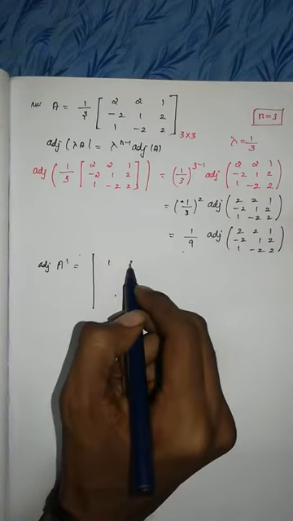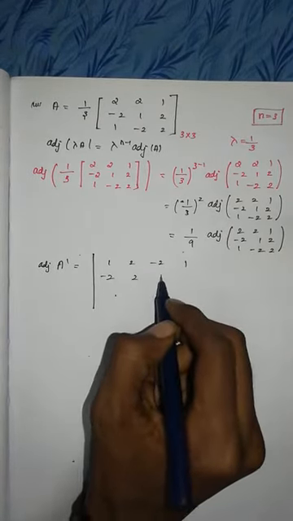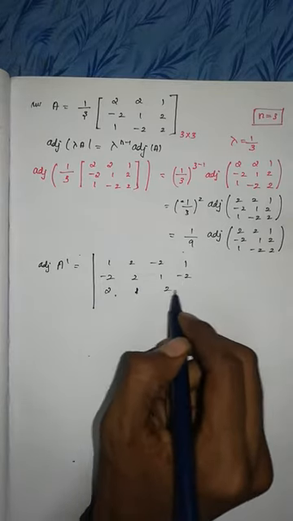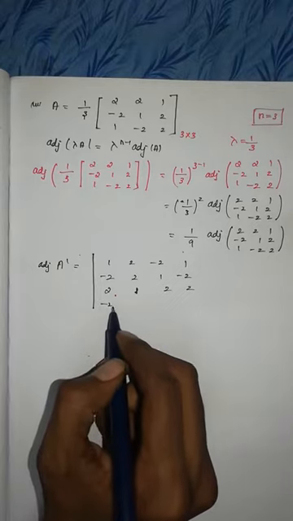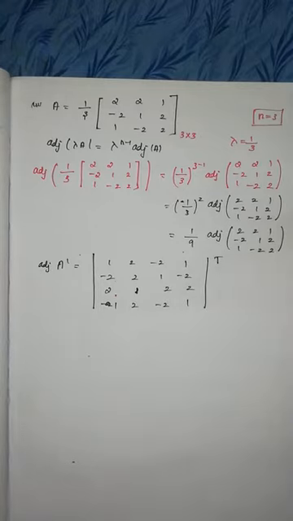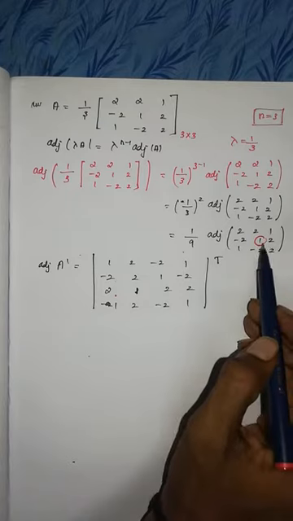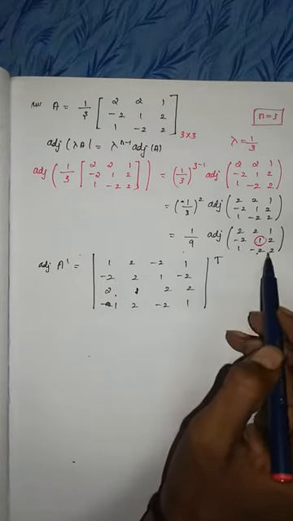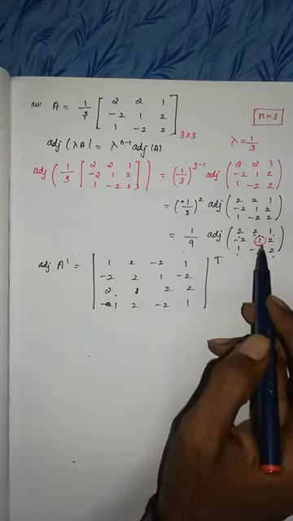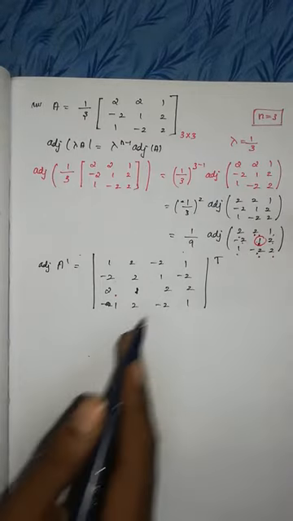So 1 2 minus 2, 1 and minus 2 2 1, minus 2 2 1 2 2, minus 1 2 minus 2 1, transpose. First I will start with 1. So 1 2 minus 2, 2 minus 2 2 1, minus 2 2 1 2 2 and I want to finish with the same row, which is 1 2 minus 2 1.